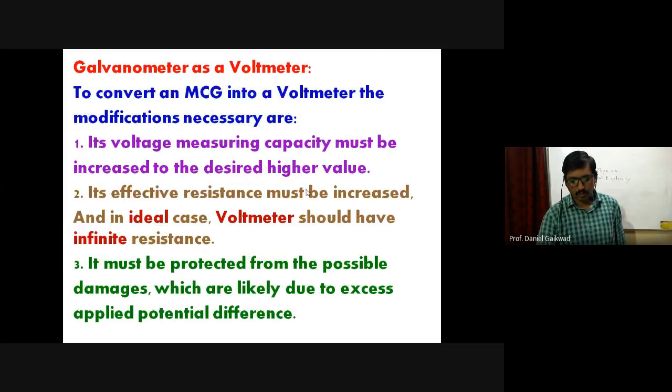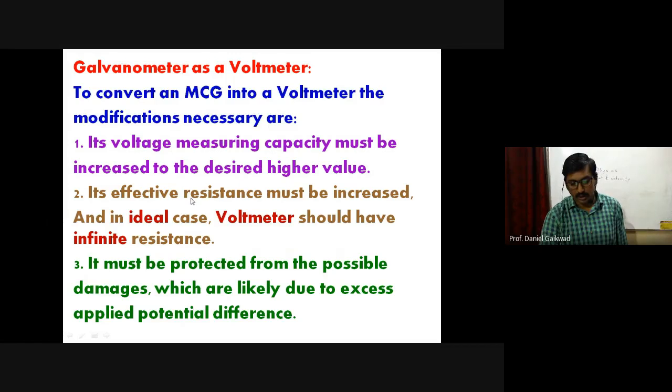Now we have a small topic, the galvanometer as voltmeter. Similar points are given to convert a moving coil galvanometer into a voltmeter. The modifications necessary are, again, voltage measuring capacity must be increased to the desired higher value. Second, its effective resistance must be increased. So resistance we have to increase, and in case of ammeter we decrease resistance.